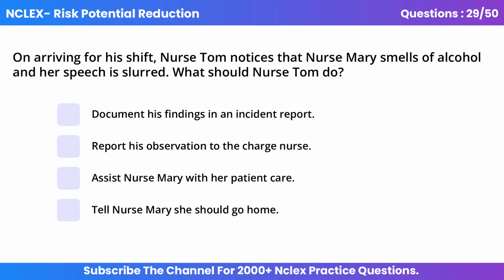Question 29. On arriving for his shift, Nurse Tom notices that Nurse Mary smells of alcohol and her speech is slurred. What should Nurse Tom do? B. Report his observation to the charge nurse.